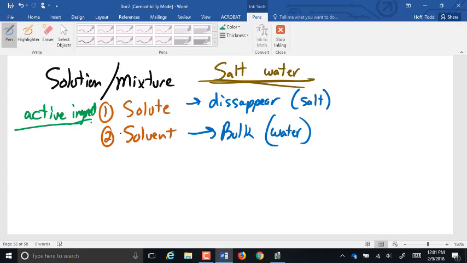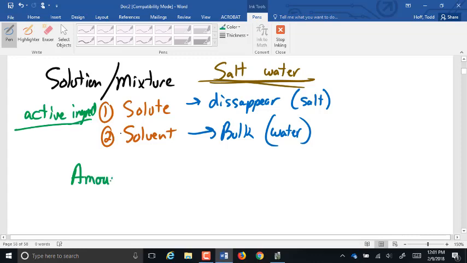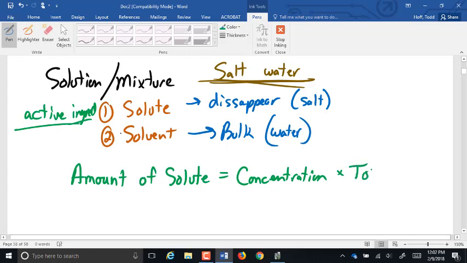So we're very concerned with the amount of solute in a solution. So the amount of that active ingredient, or the amount of solute, is equal to the concentration of the solution times the total amount of the solution.